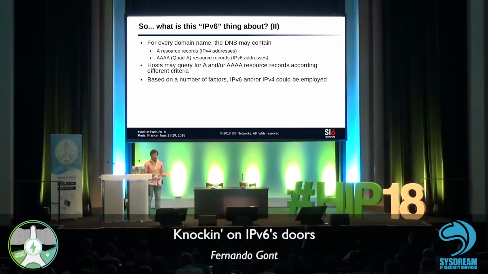Based on a number of factors, among others, whether everyone on the path supports IPv6, some timing issues regarding which of the 2 protocols is faster, and system local policy, you might end up using one or the other. But of course, if you are an attacker and you have a system that is available on both of these protocols, you obviously can select whichever protocol is better for you, in terms of the security policies.